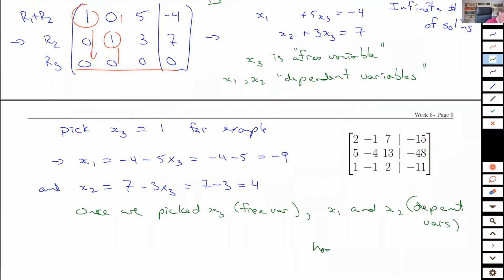Had no choice. You can get fussy about how you define these things, and we will get a little fussier, but here's the practical choice. x3 is the variable that had no immediate restrictions on it, but once I define it, I get x1 and I get x2. So, all right, let's check in on the chat here.